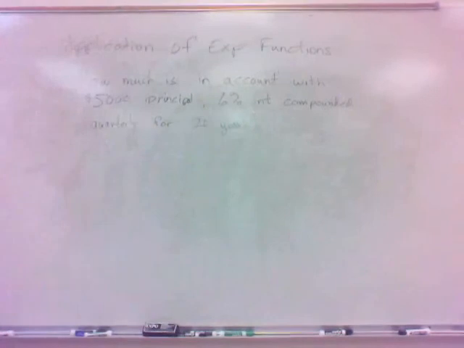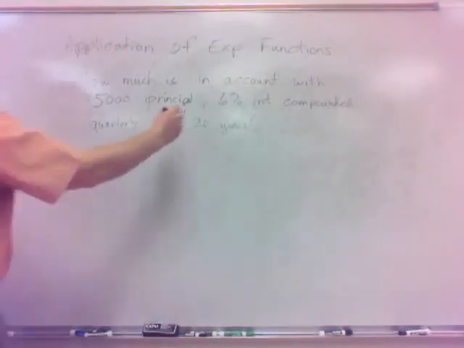How much is in the account with $5,000 principal, 6% interest, compounded quarterly for 20 years?